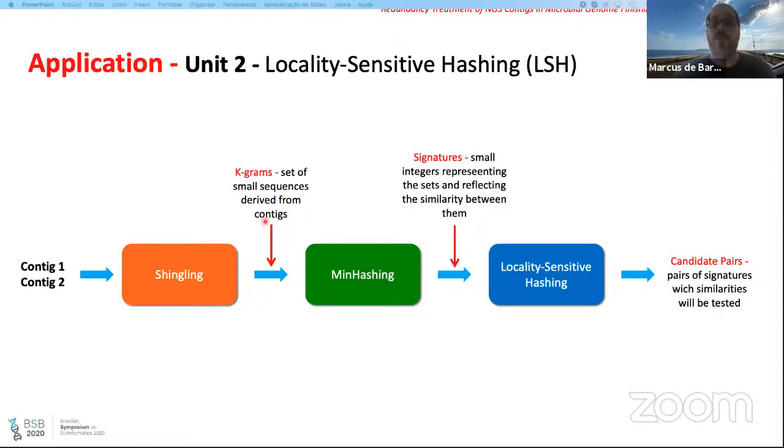These K grams for each contig are submitted to the second step, the min hash. On the min hashing, we will calculate the signature for each contig. And at last, in the LSH step, we verify if these contigs are similar or not.